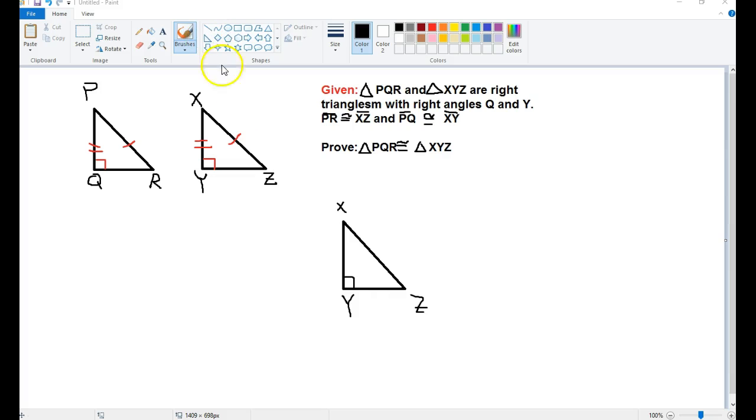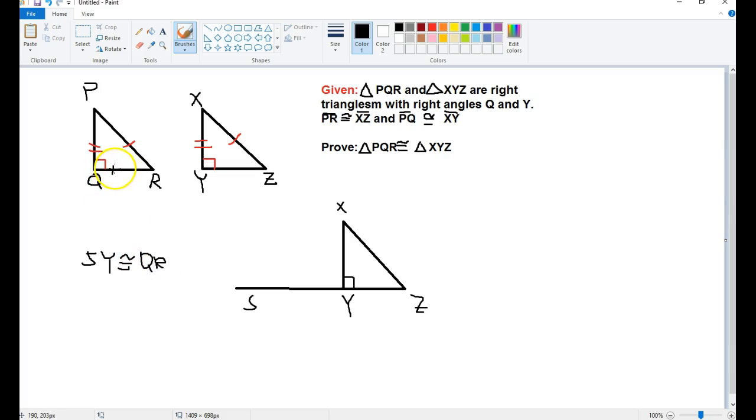The first thing we need to do is draw a line on YZ that extends out farther, and you're going to name some point on this line S. Now the thing is, SY has to be congruent to QR.